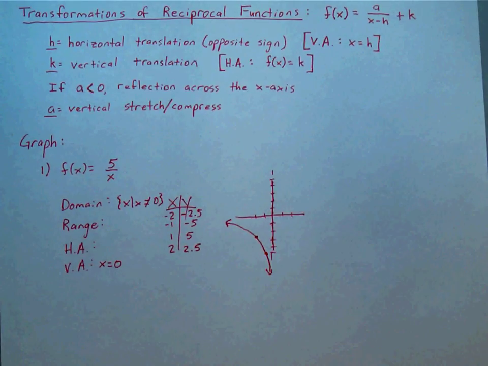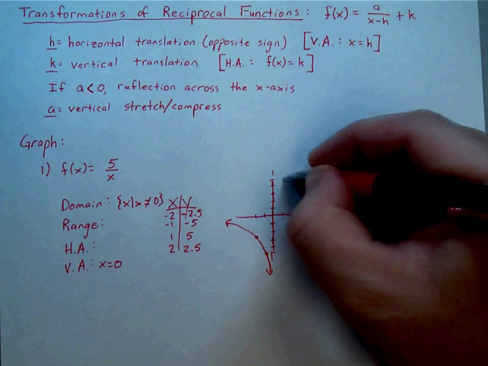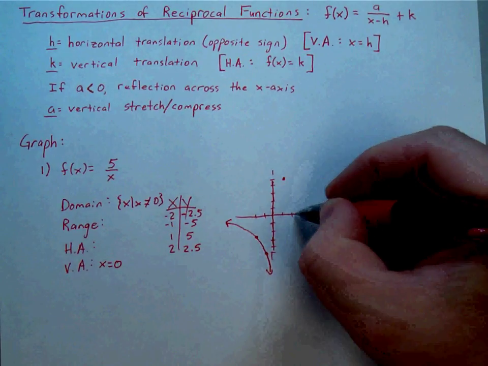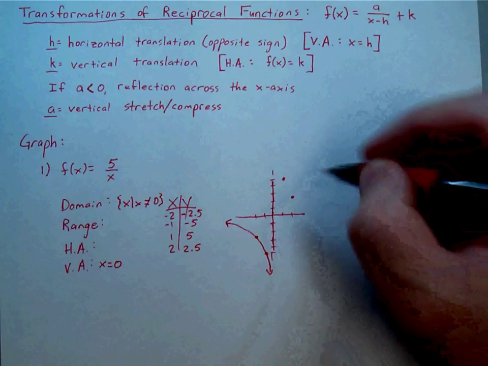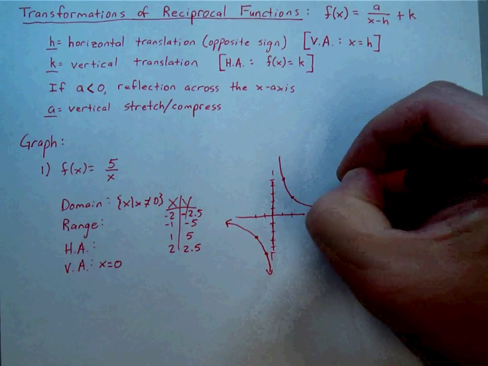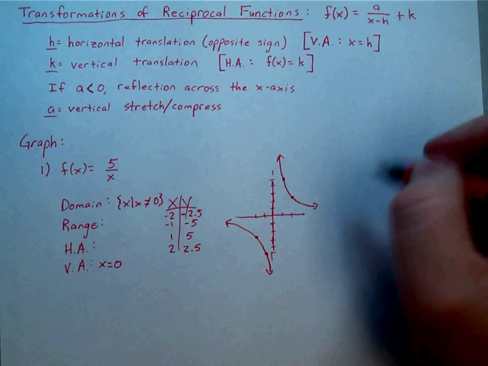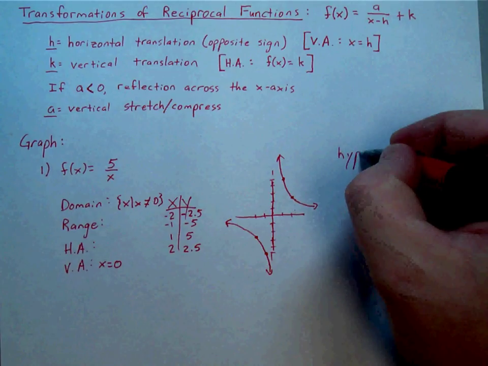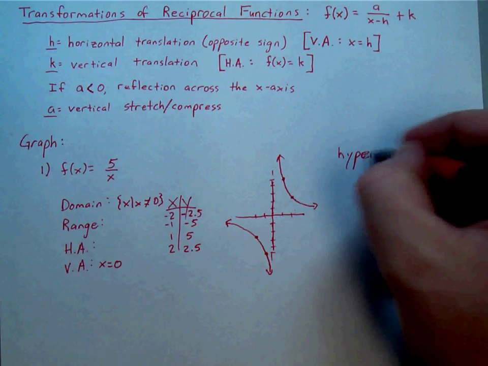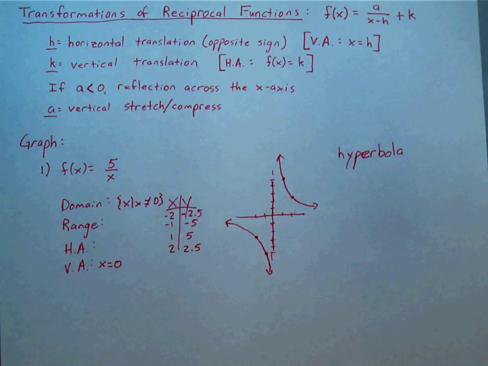I'm approaching that asymptote. But when I look at the right side, we're kind of in a different quadrant of the graph. This kind of picture is what we call a hyperbola. So we've had a parabola before. This is a hyperbola. And so we would call each of those branches of the hyperbola.